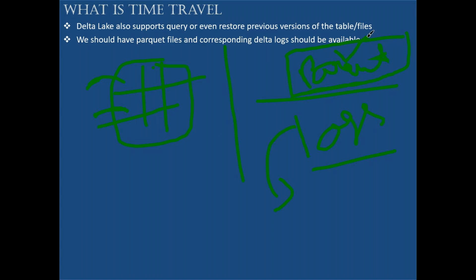How many days will these parquet files be there by default, team? 7 days. Data will be available for 7 days, and logs will be there for 30 days. Till here, all of you clear? This is what we discussed.